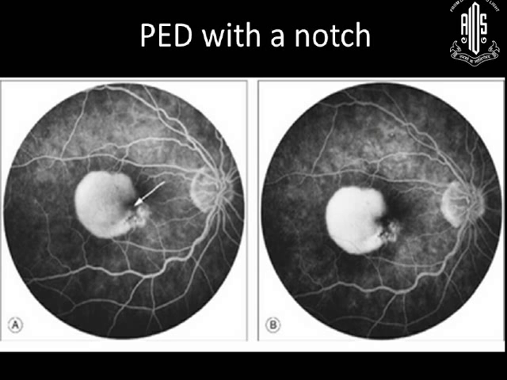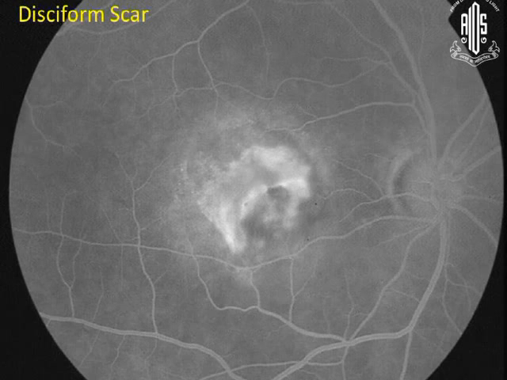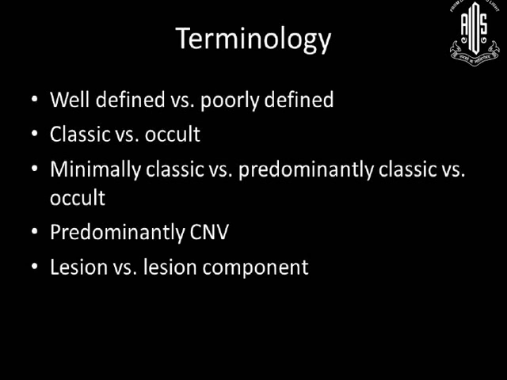This is PED with a notch. Here there is a pooling of the dye in the late phase, and we can see a definite pattern again. Disciform scar of the macular area will give us a diffuse type of fluorescence which can be recorded and documented. There are various terminologies which are now very well defined, such as well defined versus poorly defined.